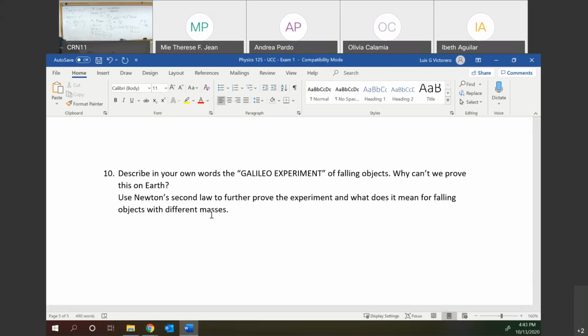So you can't do it on Earth if there is air friction, or if you go to a lab where you suck the air out, like they do in NASA, by the way, then you can replicate the experiment. Or you just go to the moon. You can even do it on outer space, right? Actually, wait, outer space will be harder because gravity is lower. So you have to go to a place where there is at least a minimum amount of gravity and no friction, okay?